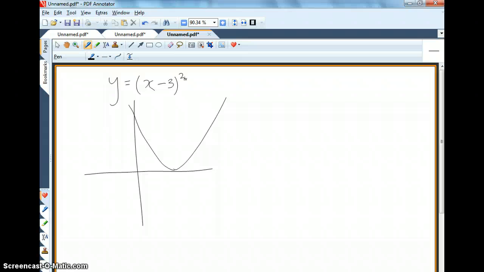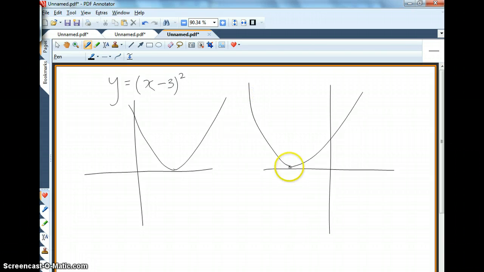How do you think I might shift a parabola to the left? Plus instead of a minus. Great. So here's my axes. Y equals (x plus, say, 2) squared, and then that position would be 2, this position would be 3.